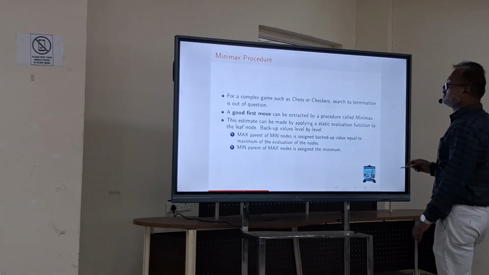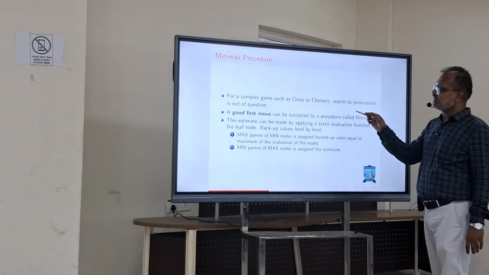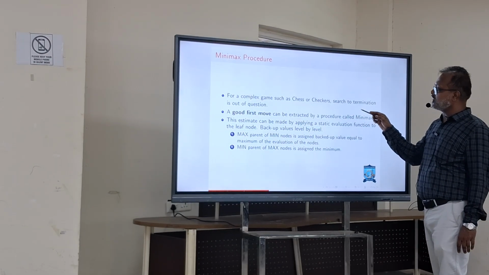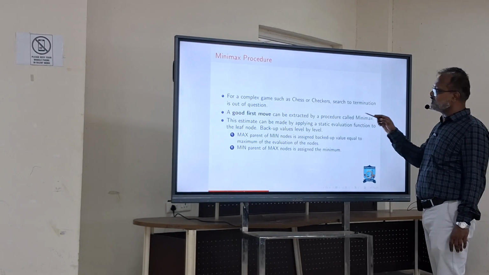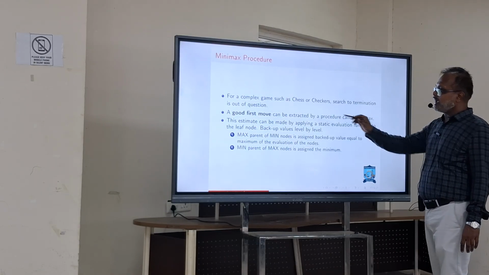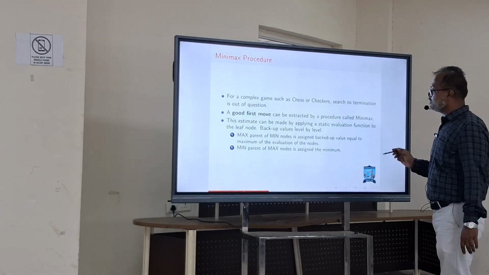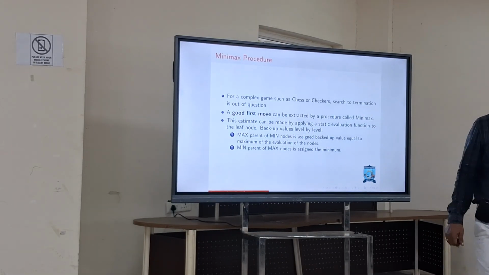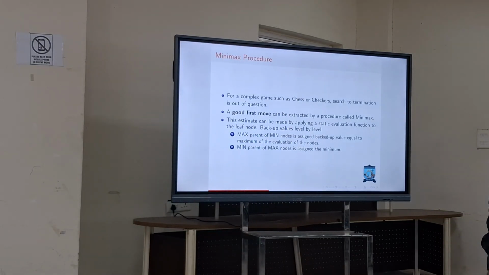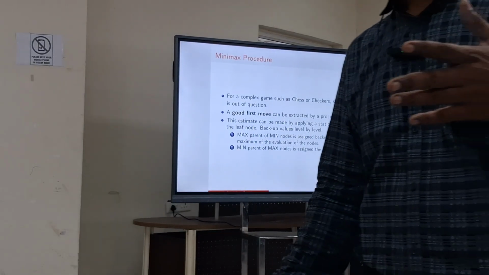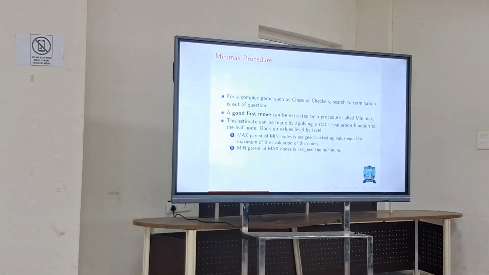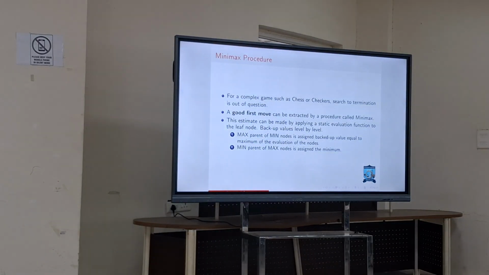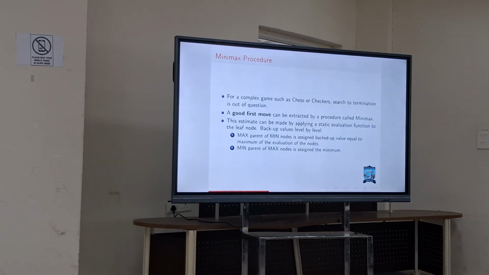So for a complex game such as chess or checkers, search to termination is out of the question. A good first move can be extracted by a procedure called Minimax. So in many of the board games, the person who is making the first move, if he is making a proper move, then actually he will win the game.